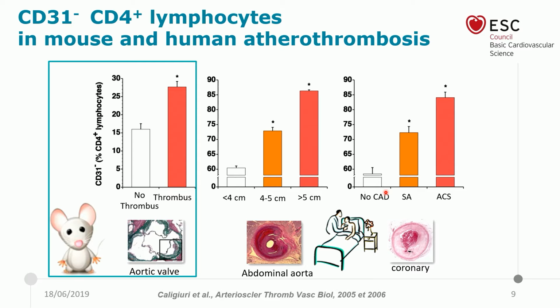And the same trend we could find in mice, because if you let knockout mice live long enough to develop a very complex lesion, even in the aortic sinus, you can find small fissures and thrombus. And the presence of a thrombus, which occurs in about 10% of the mice aged more than 1 year old, was correlated with a higher proportion of these CD31 lost T cells.